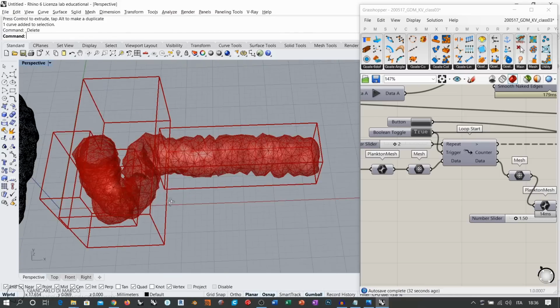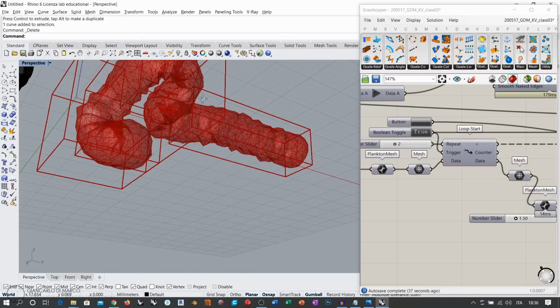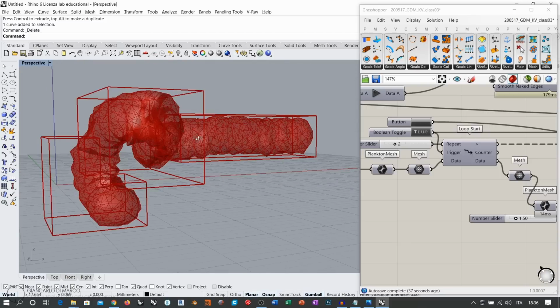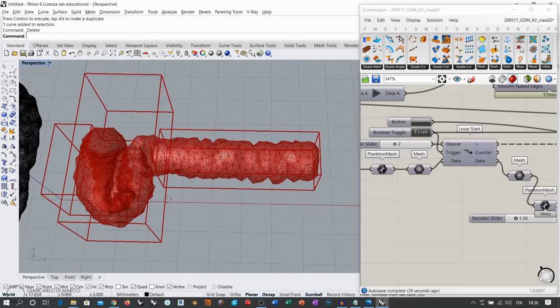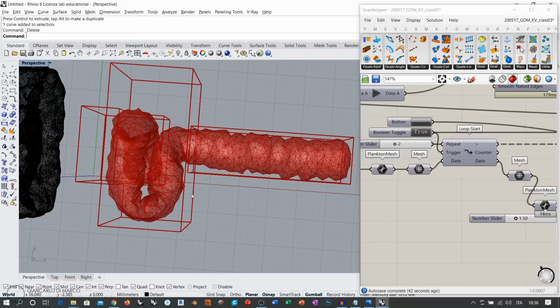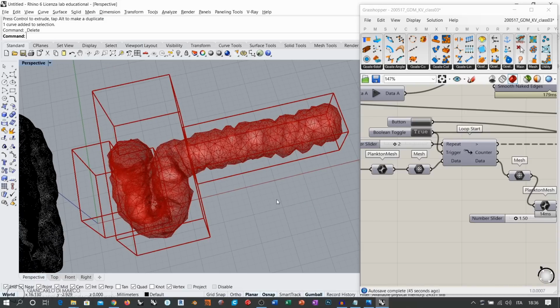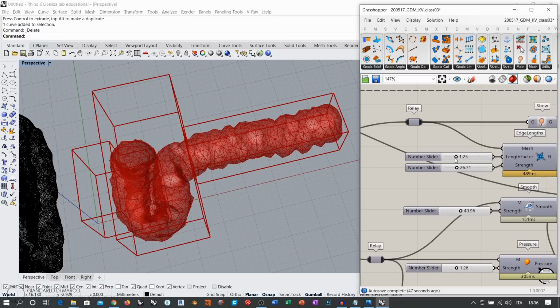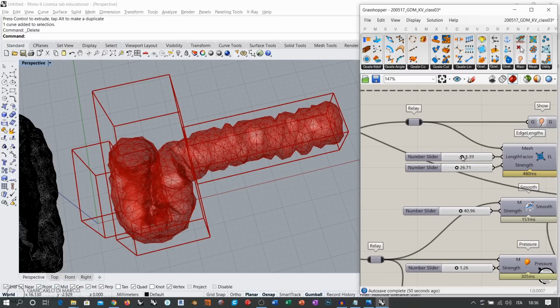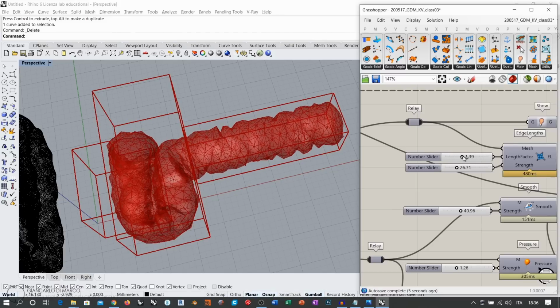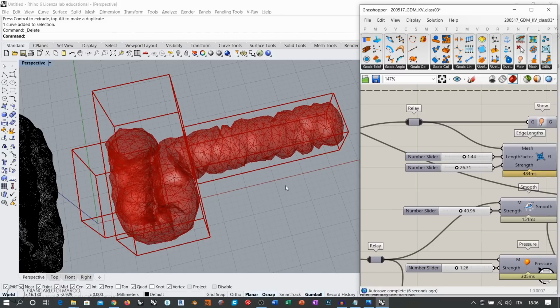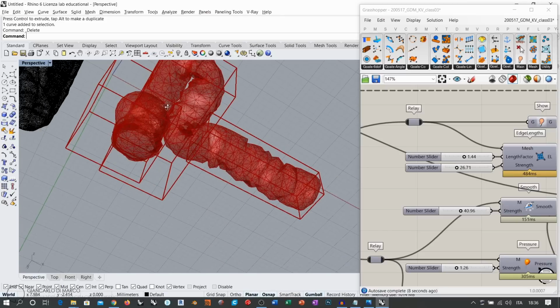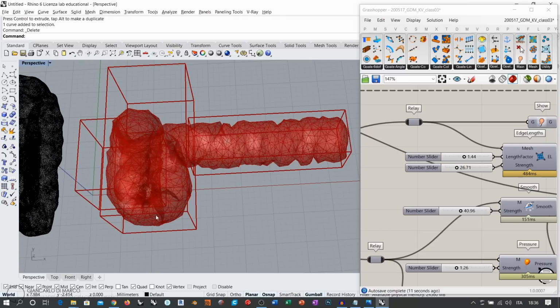But we already got some interesting growth inside this object. Once you have this, remember that the loop has finished its job, and you are still able to work with Kangaroo. So you can still work with edge lengths and so on, and eventually expand this thing a little more.